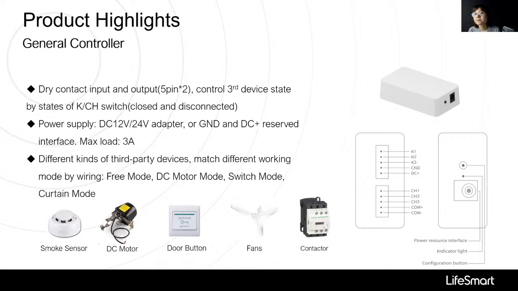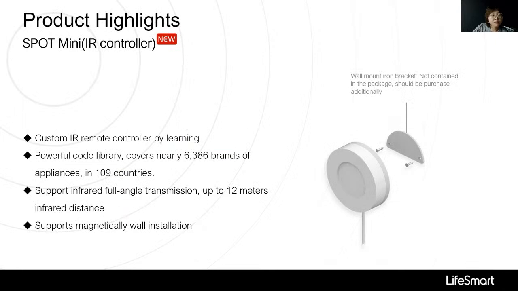Hi, Harris. What's the difference of the Spot and Spot Mini? The Spot Mini supports the full angle transmission, and the distance can be up to 12 meters.